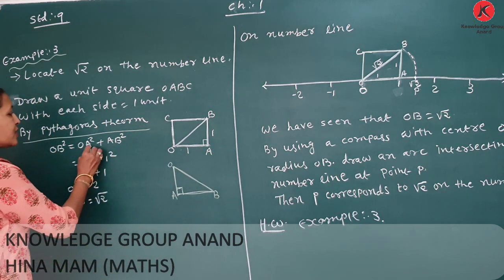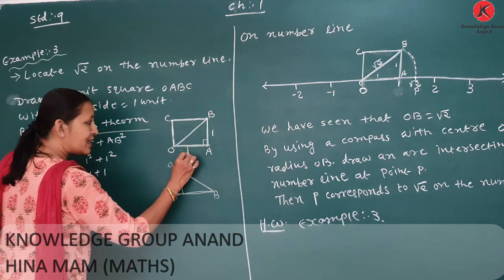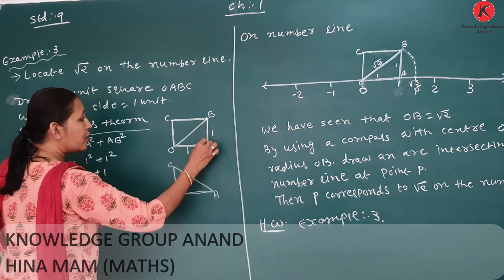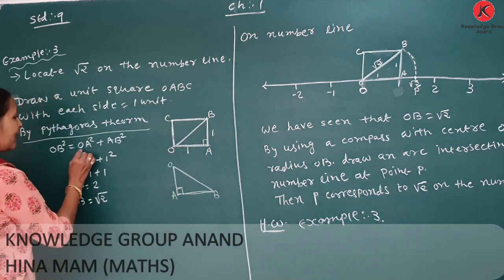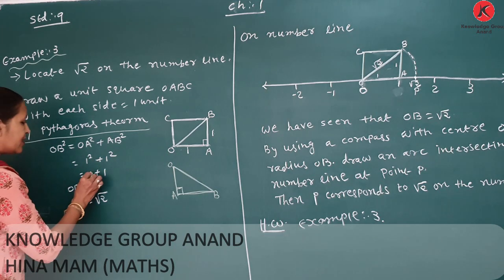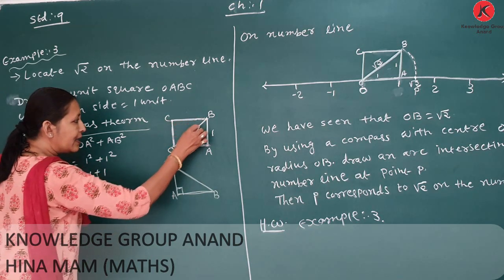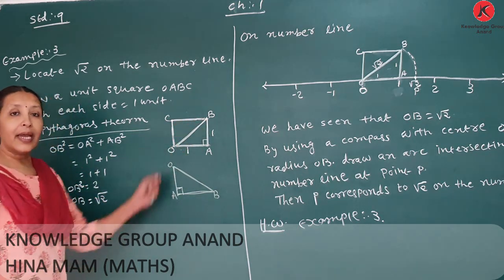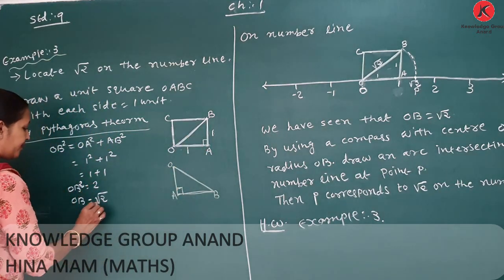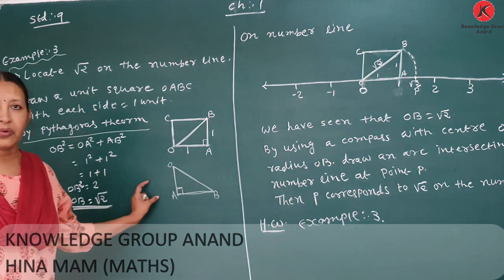The length of OA is 1 unit. The length of AB is 1 unit. Therefore, 1 square plus 1 square is 1 plus 1, which is equal to 2. OB square is equal to 2. Therefore, OB is equal to the square root of 2. OB is equal to root 2.